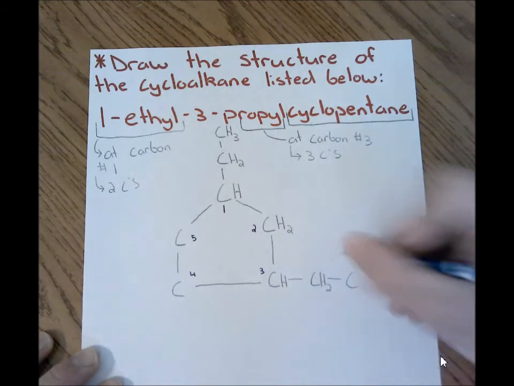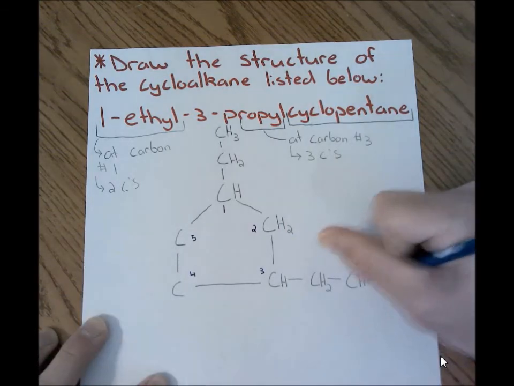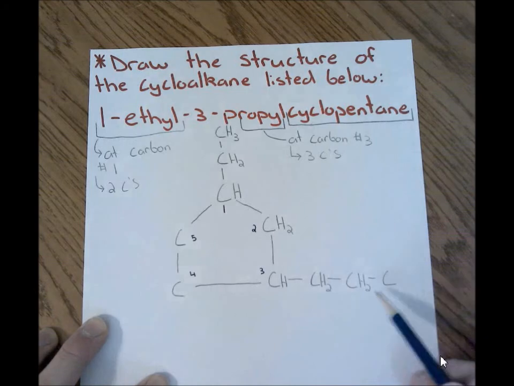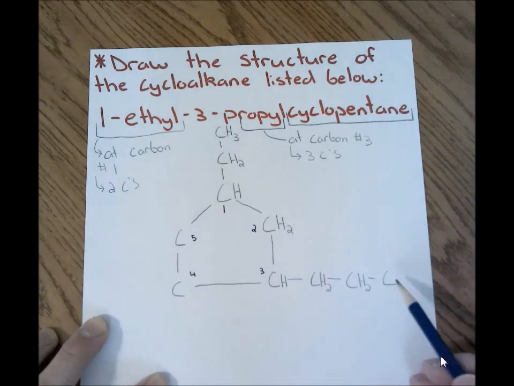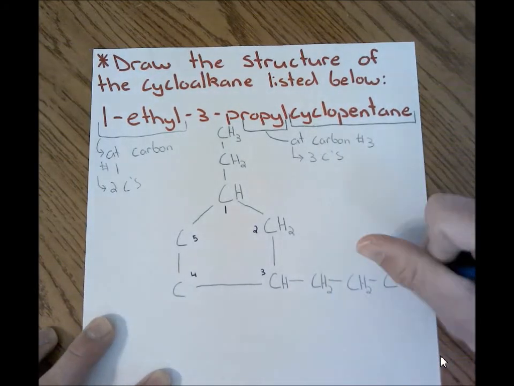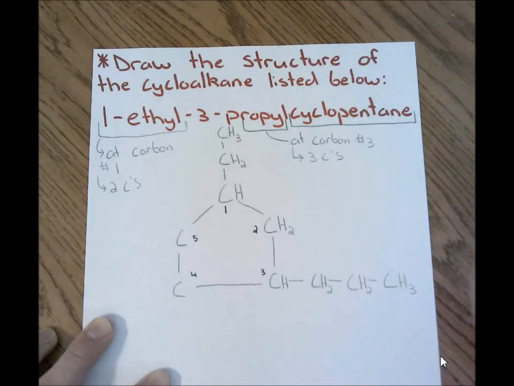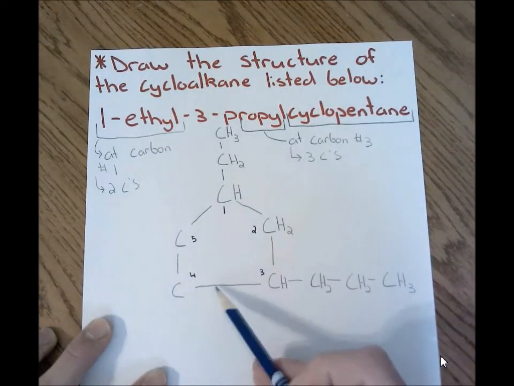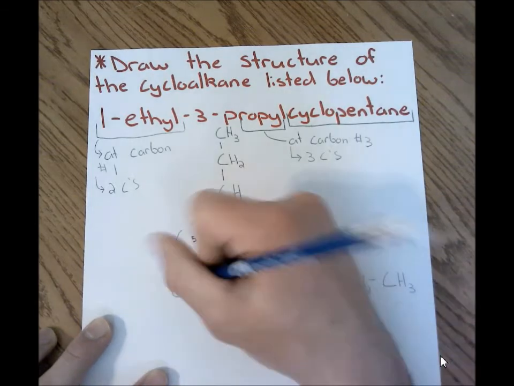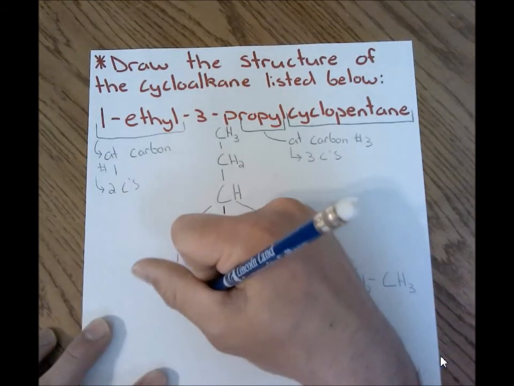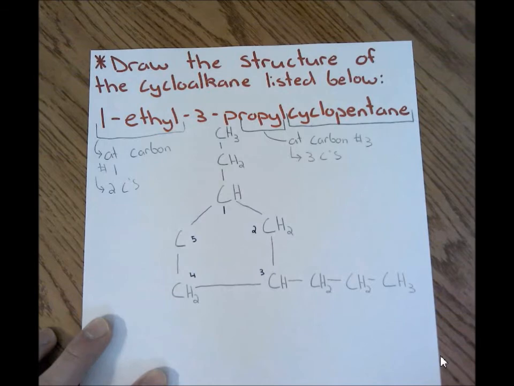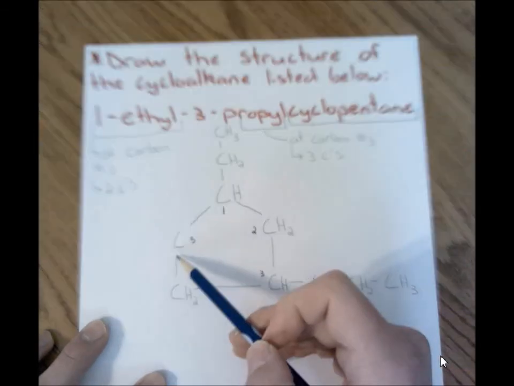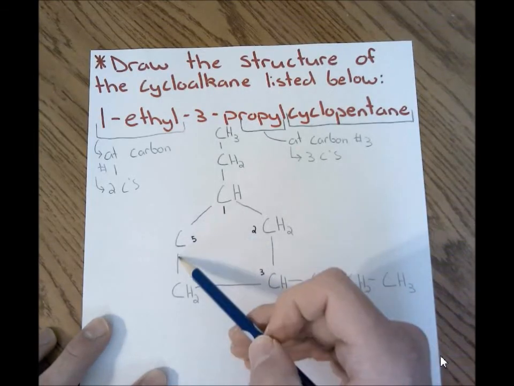We keep moving along here. Carbon number 4 has 1, 2 attachments to it. It needs 2 more to get to 4, so we end up with CH2. And then this carbon here, carbon number 5, has 2 attachments. Because I put the numbering of 5, I don't want to squeeze that H in, so it's okay to write this H out to the left, which is what I'm going to do.